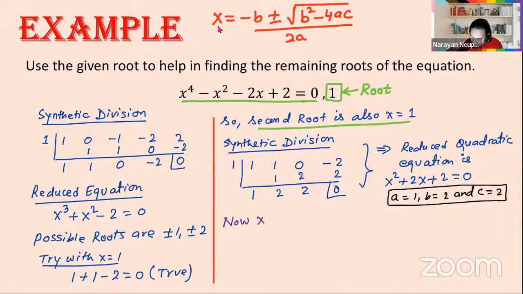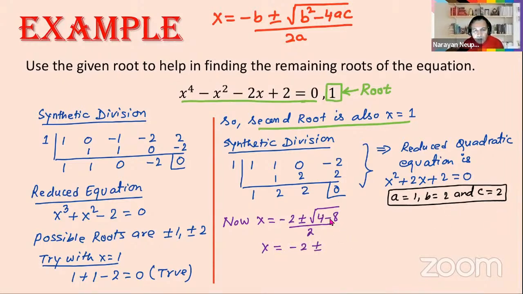Now, x is equal to -b. b is 2, so -2, plus or minus the square root of b squared. b squared is 4, minus 4ac, 4 times 1 times 2, that's 8, divided by 2a, 2 times a is 1, so that's a 2. So I can write this as x equal to -2 plus or minus.